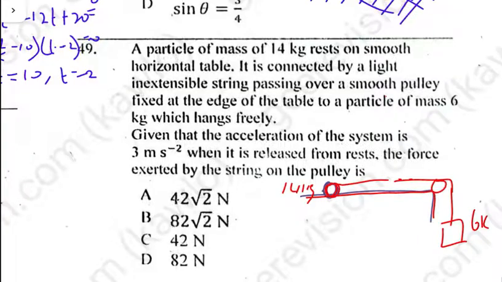Given that the acceleration of the system is equal to 3 when it's released from rest, the force exerted by the string on the pulley is?